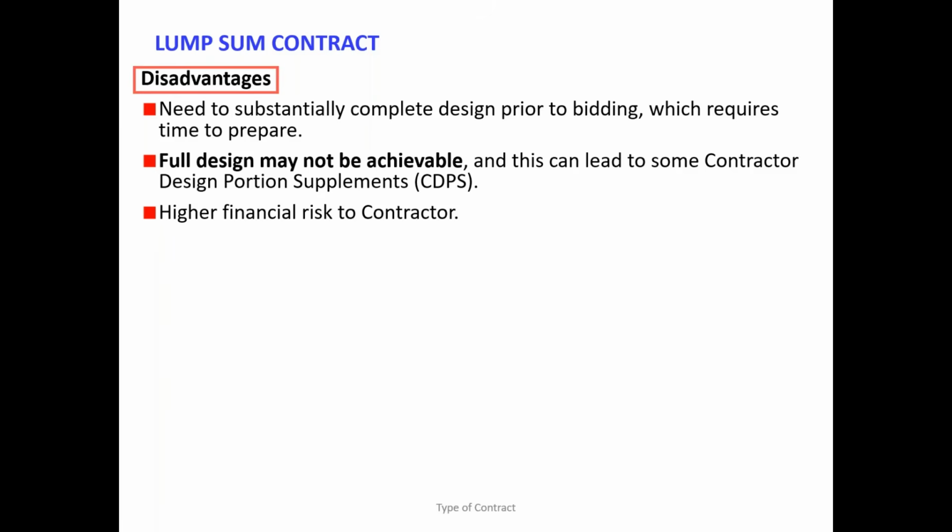Therefore, this is what happens in the lump sum contract. Any cost risk coming, for example inflation. Sometimes we have a fixed price lump sum contract where inflation is not given. Some contracts give it, some do not. So the cost risk associated with a lump sum contract always goes to the contractor.